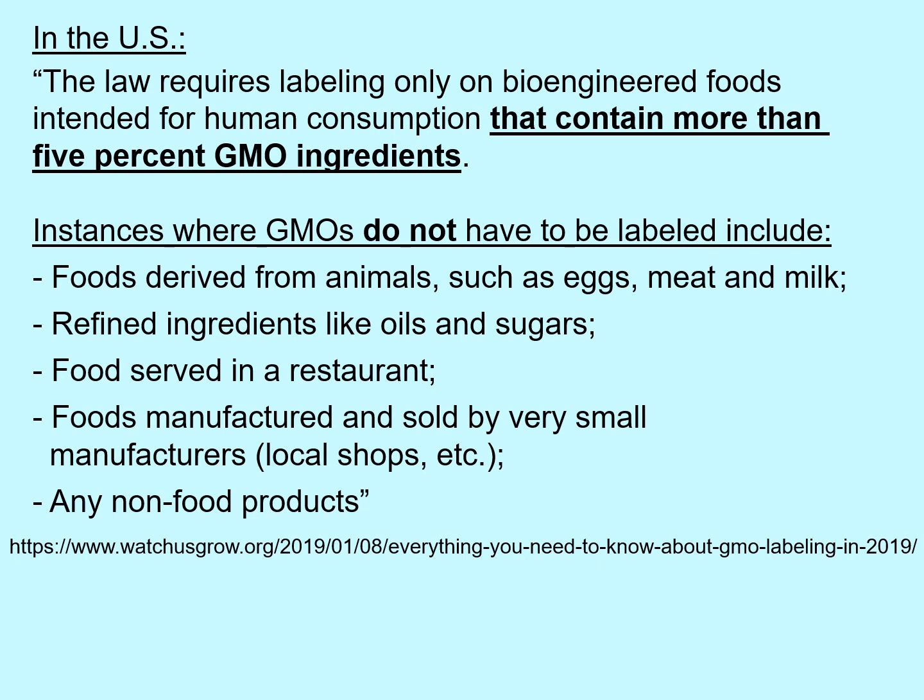Also, you do not have to label refined ingredients like the oils made from soy, corn, canola, which are all genetically engineered, and sugars, which of course the sugar beet is genetically engineered. You do not have to label food served in a restaurant, or foods manufactured and sold by very small manufacturers, or any non-human food products.